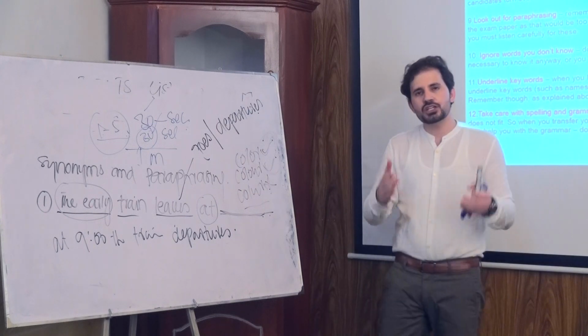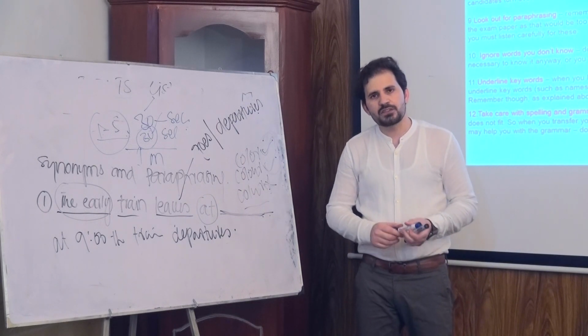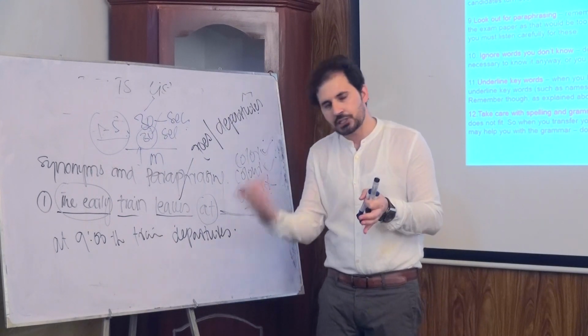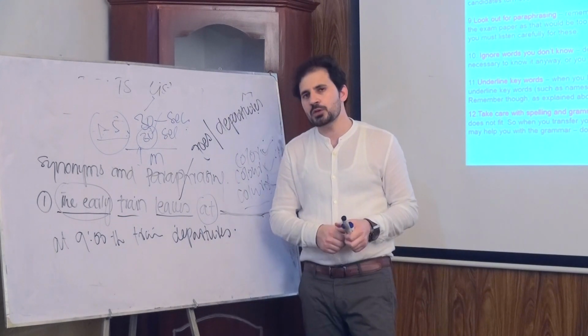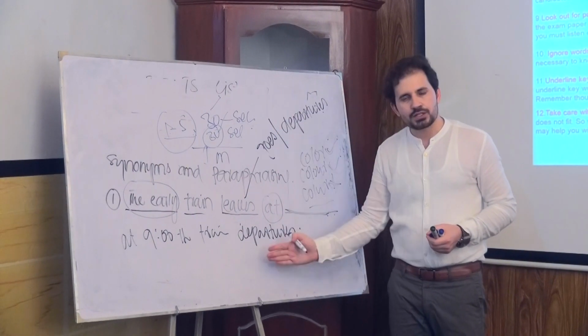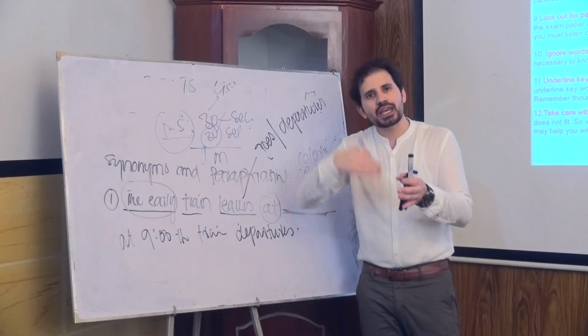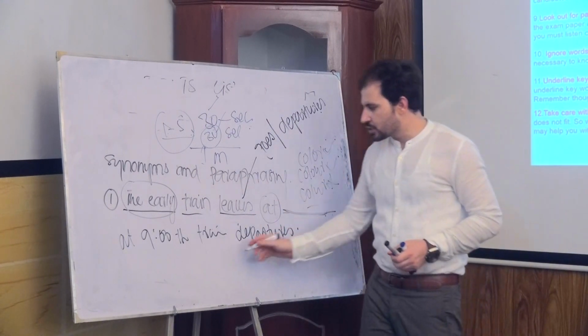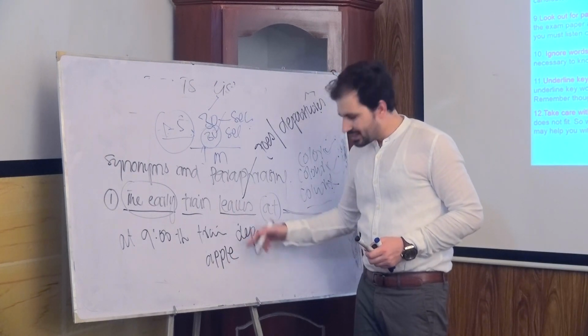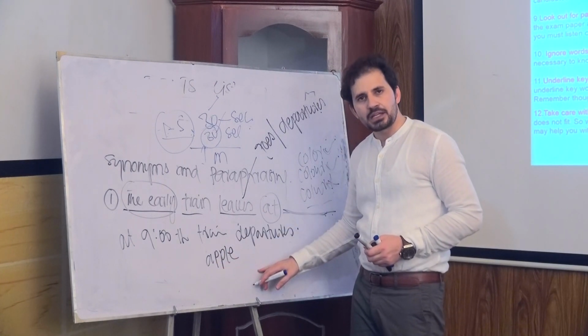Next, capitalization is a big problem. If there is a word that's a proper noun and you start with a small letter, again it creates a problem. To solve this problem, I need to give you a tip. You are supposed to write either all the answers in small letters or all in capital letters. For example, if the answer is apple, write A-P-P-L-E, all in small letters. The second one, again, write entirely in small letters.